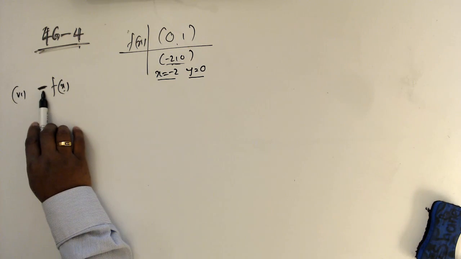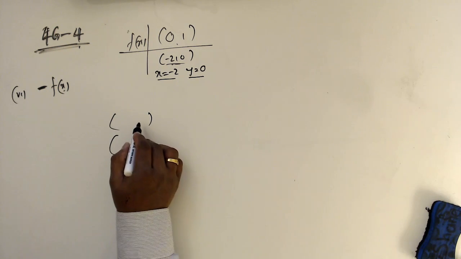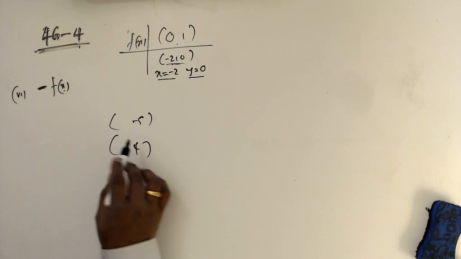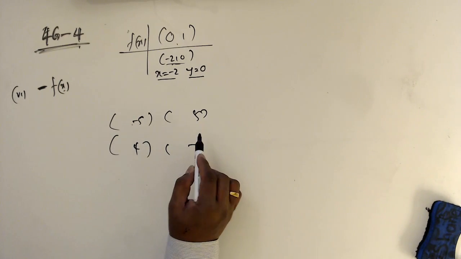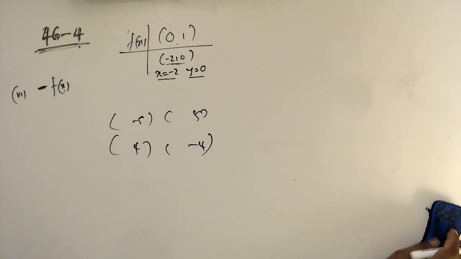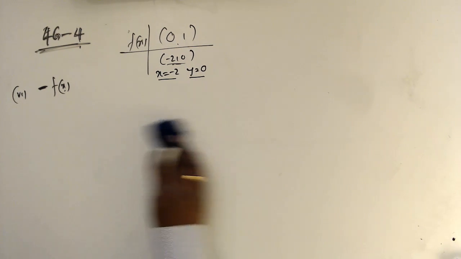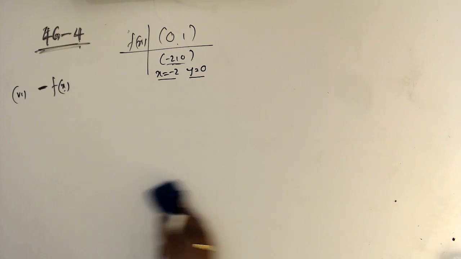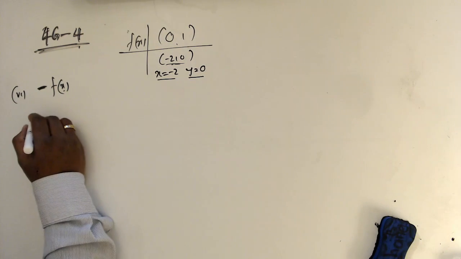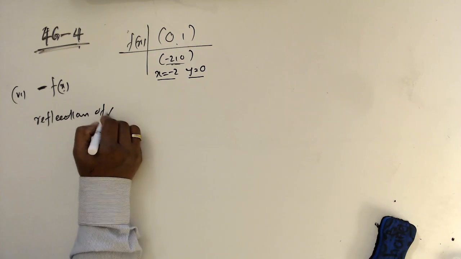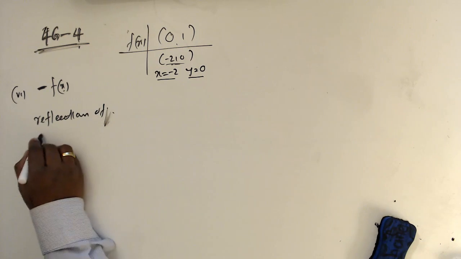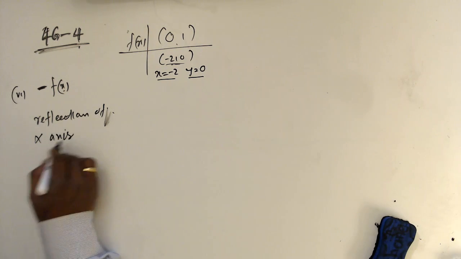All y values, you have to change the sign by multiplying by minus 1. Right. If we have minus 5 and 4, multiply by minus 1, this becomes 5 and this becomes minus 4. In other words, we call this a reflection in the x-axis.